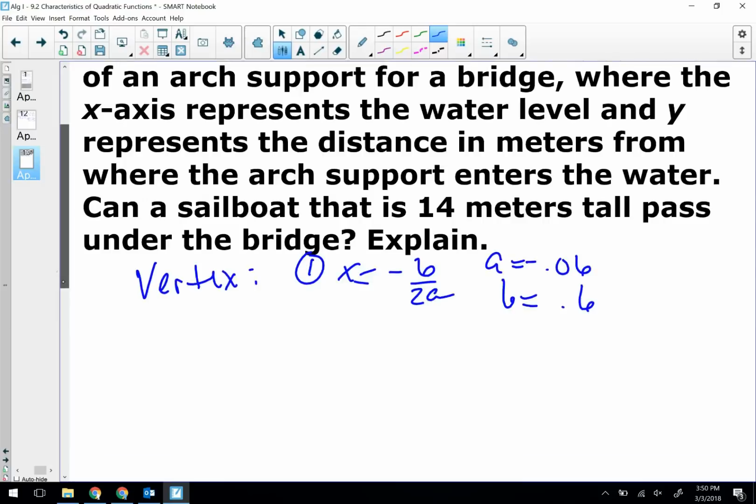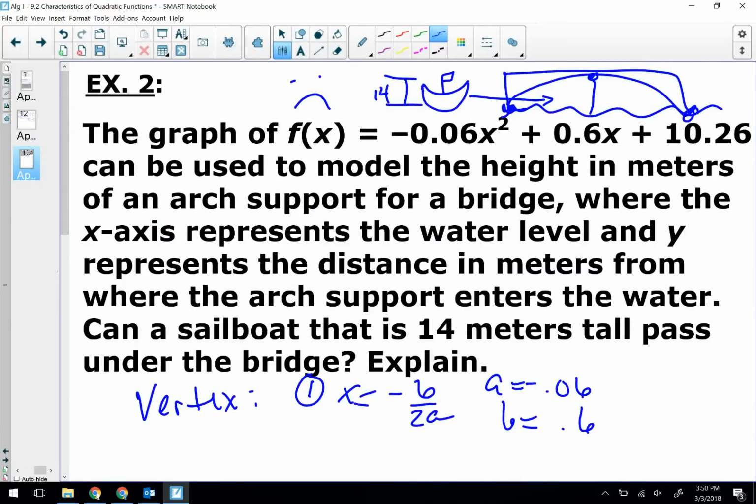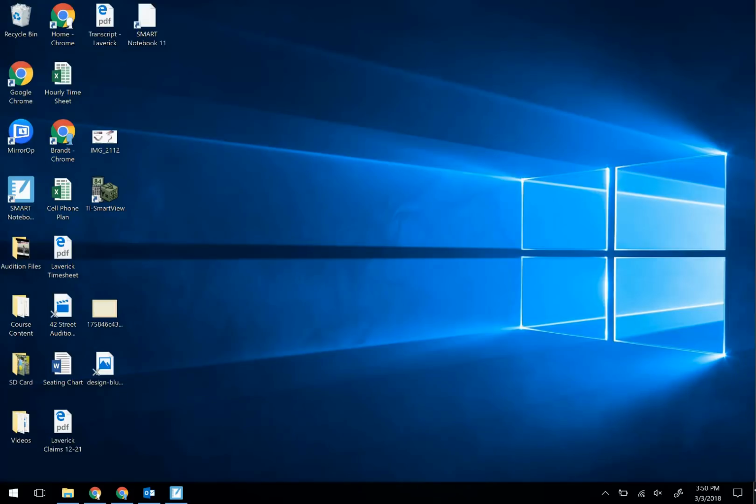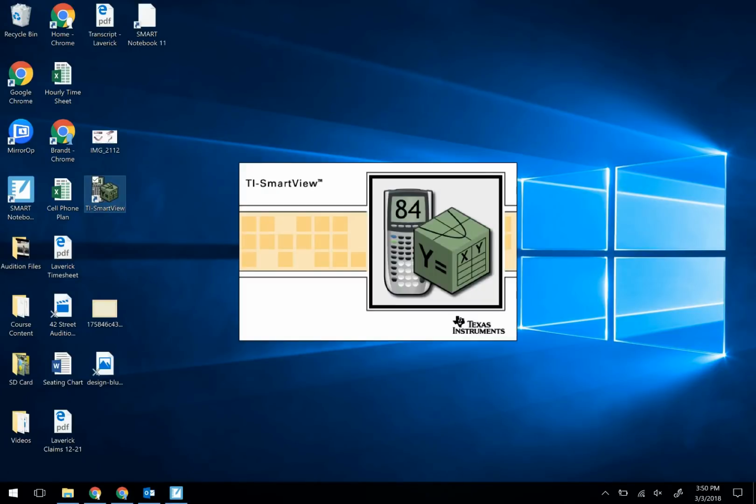So let's see what happens. So x equals negative 0.6 over 2 times negative 0.06. All right, I think I have to get my big calculator here.